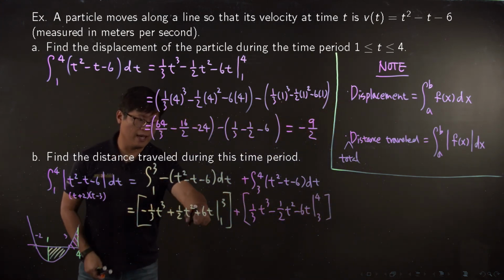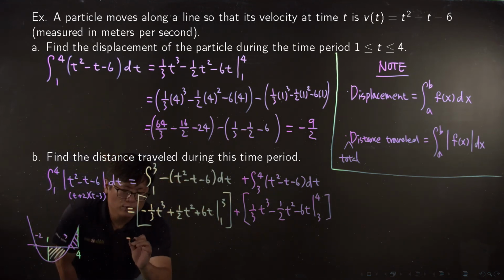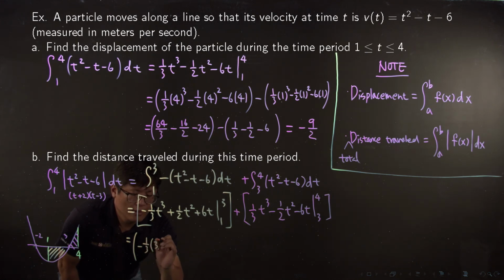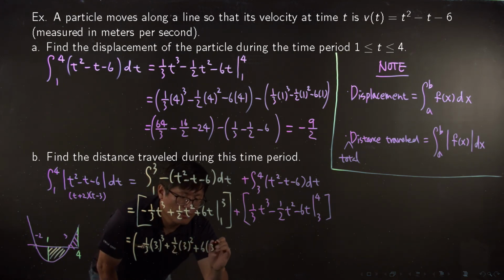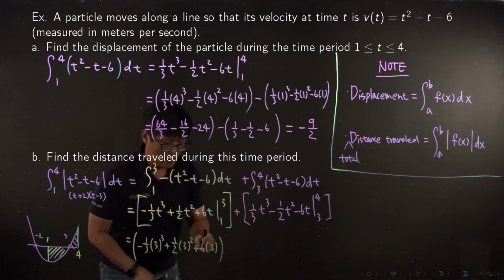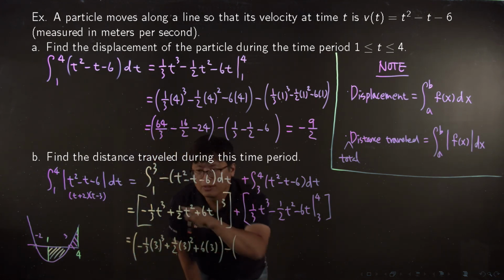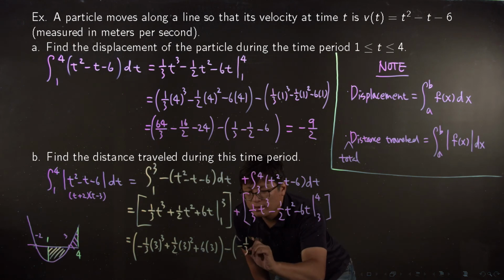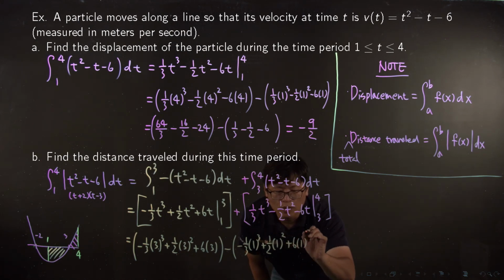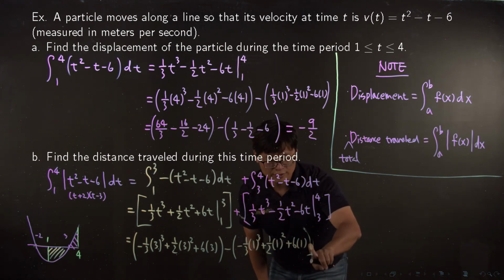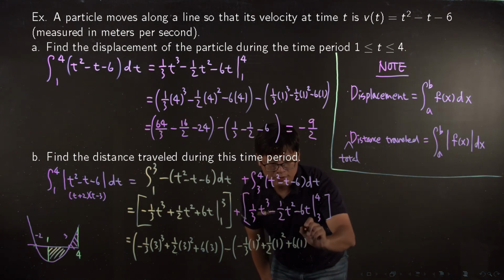Plug in 3 first, plug in 1, and subtract, right? It is equal to negative 1/3 times 3 cubed plus 1/2 times 3 squared plus 6 times 3, the first one, and minus, plug in 1: negative 1/3 times 1 cubed plus 1/2 times 1 squared plus 6 times 1, with just parentheses, not brackets, okay?